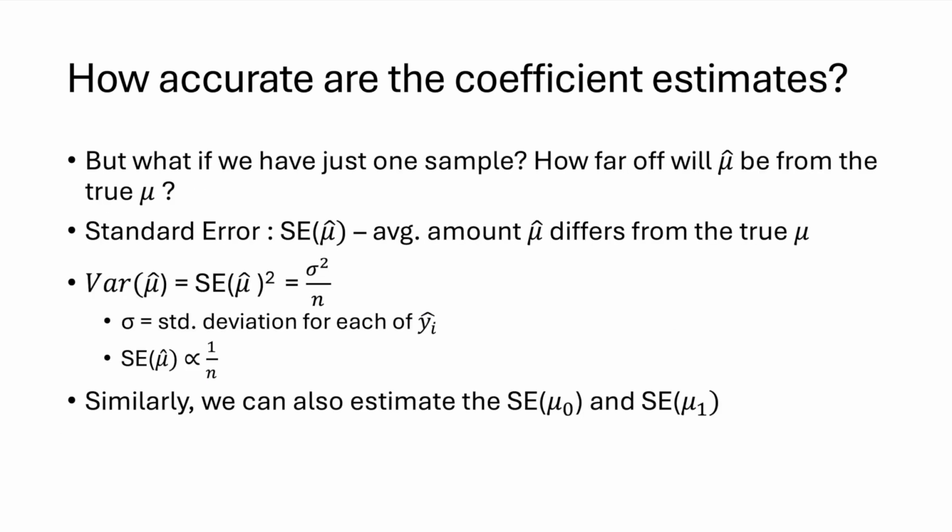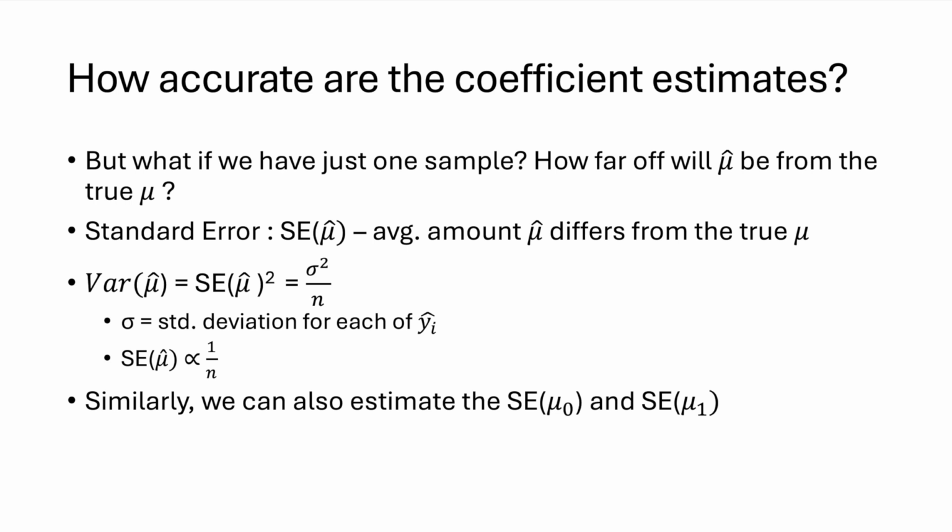And this is where you might ask, what if we just have one sample? How do we measure the accuracy of our coefficient estimate using just one sample? This happens a lot, especially in ecological data, where you don't have the liberty to go into the field and collect hundreds and hundreds of samples.